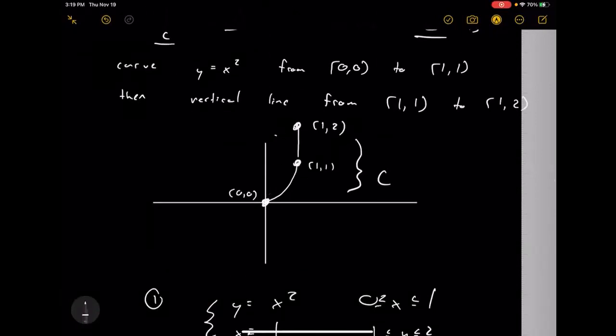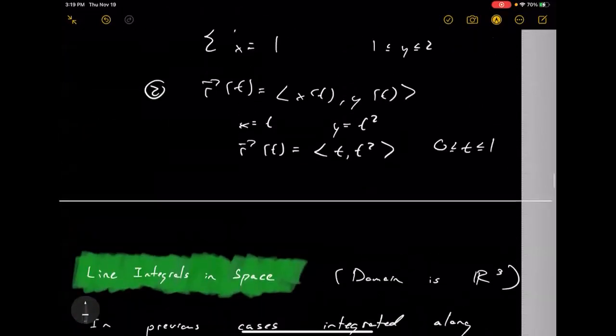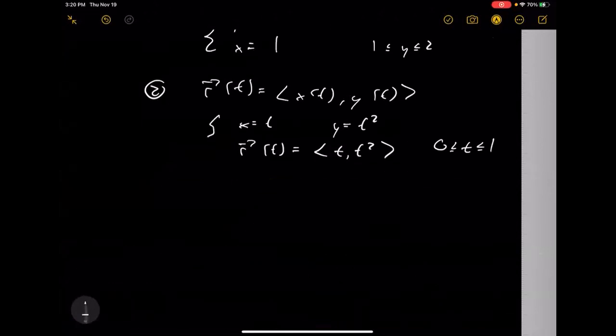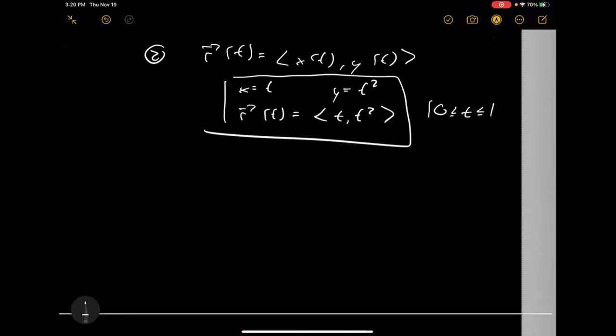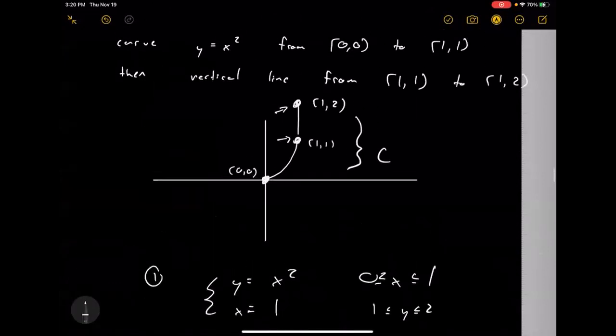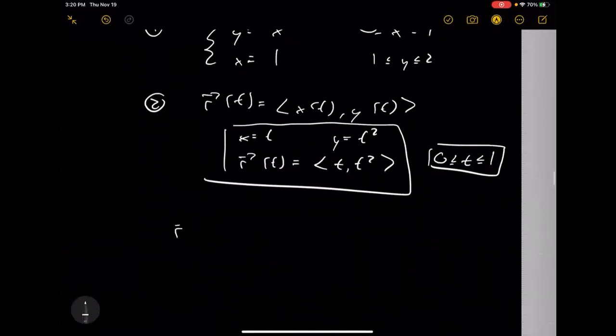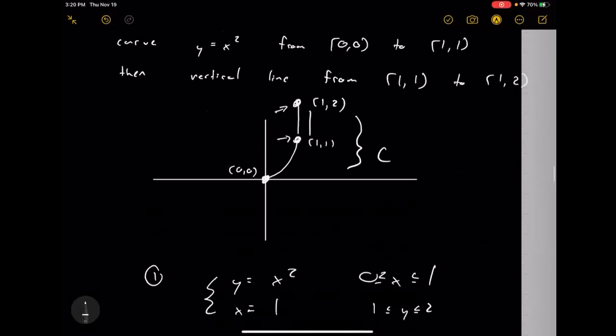Now I need to parameterize the other piece of my curve. That's my first curve, and I'll need all this information. Then I need a parameterization for that vertical line. How could we do that? I'm going to take my starting point, which is 1, 1, plus t times the vector between these 2 points.